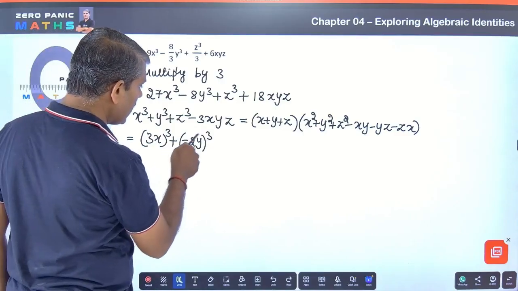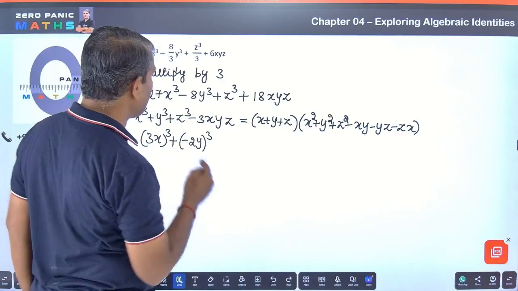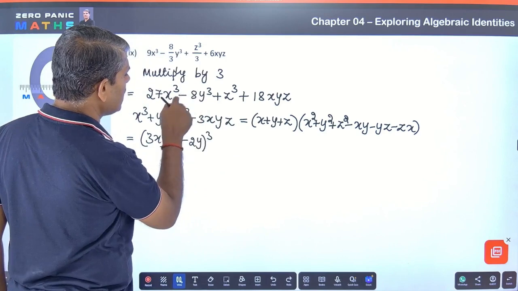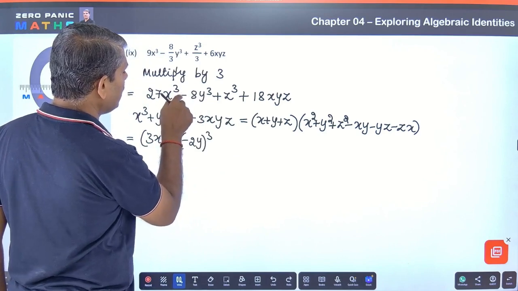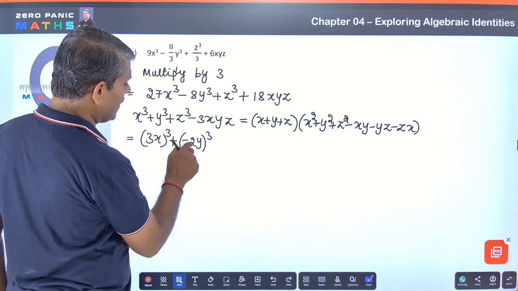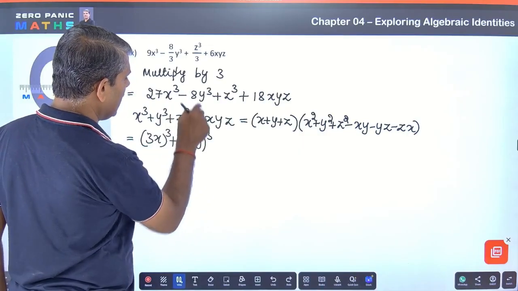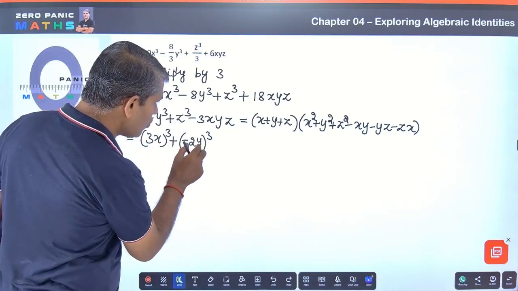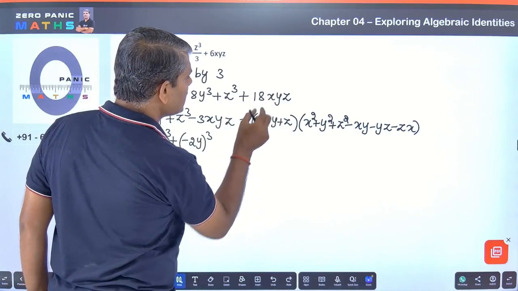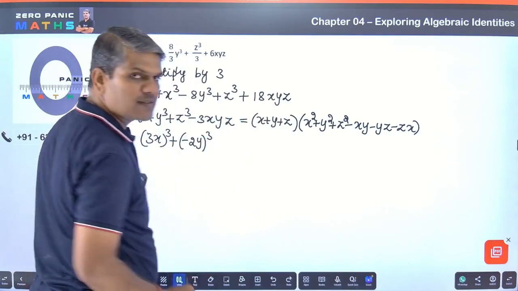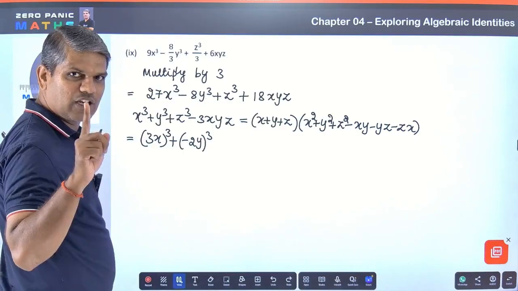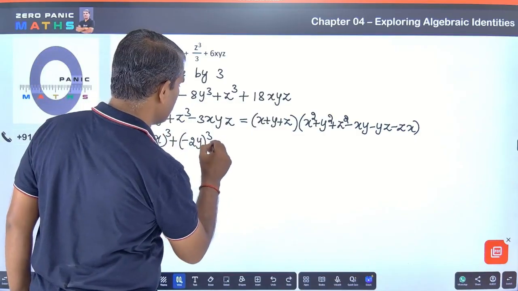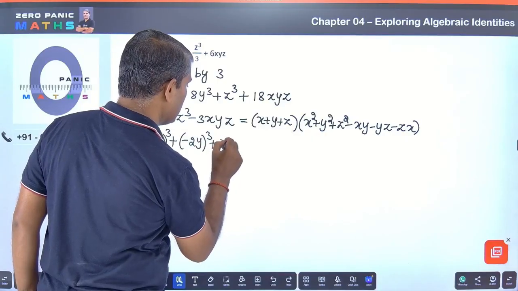Minus when multiplied 3 times will give you minus. So this term's sign will remain minus only, and it is 8 and y cube. When I substitute this minus 2y into the last term, this will make it plus. That is the reason I'm doing this. It's a very, very important step. You should not make any mistake here.